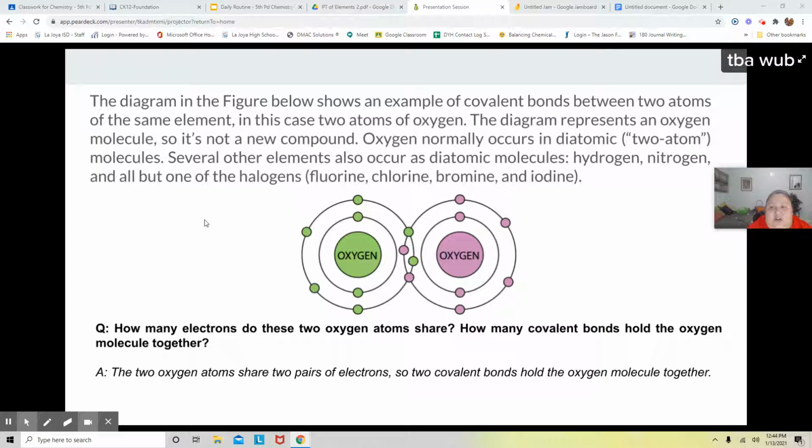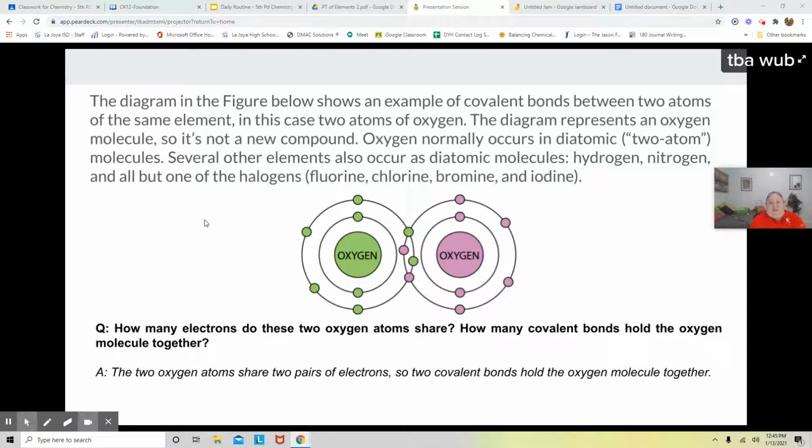Oxygen normally occurs in diatomic molecules, which means that there's 2 atoms of that element. Several other elements also occur as diatomic molecules: hydrogen, nitrogen, and all but one of the halogens, right?